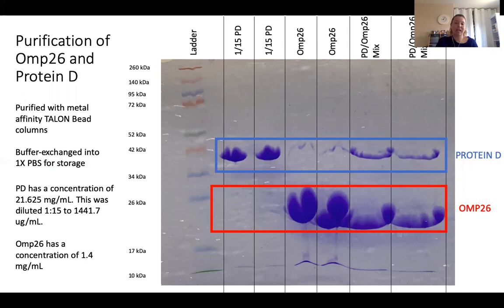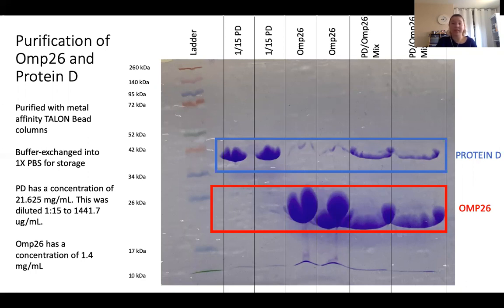As you can see, in the protein D lanes, there's protein D at 42 kilodaltons, right the size we want. And it is also present in the mixes at that correct band. And then with OMP26, it's at 26 kilodaltons, as well as in the mixes. In the mixes, as you can see, there are 2 clear bands.